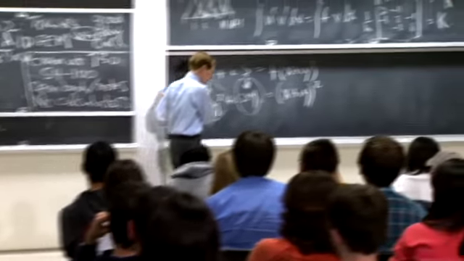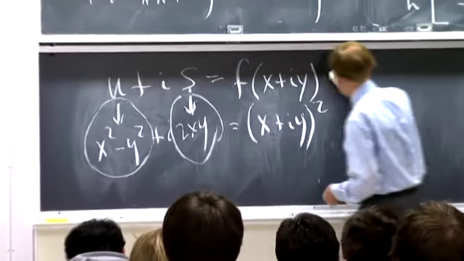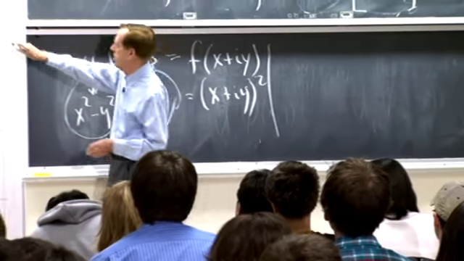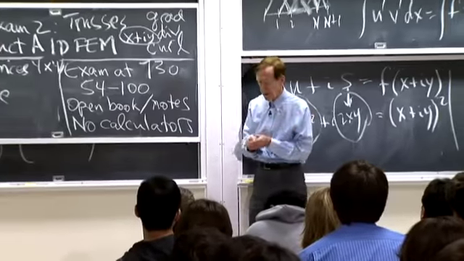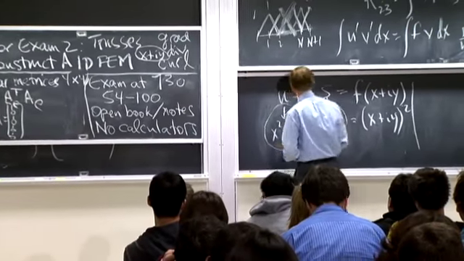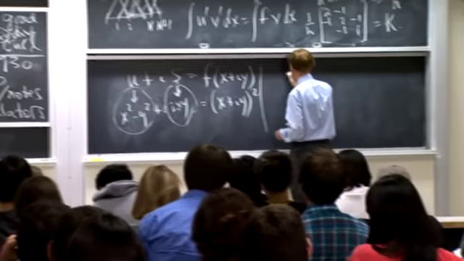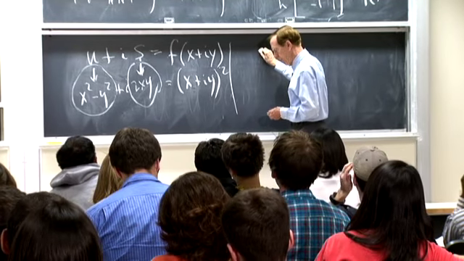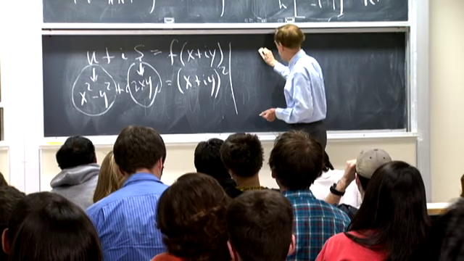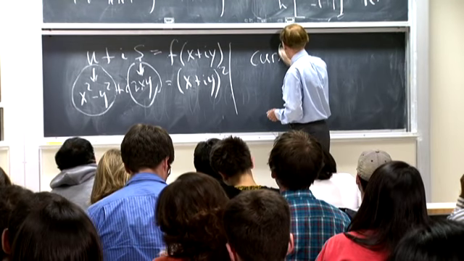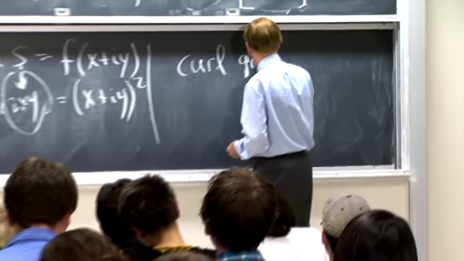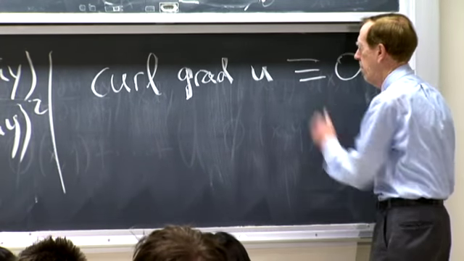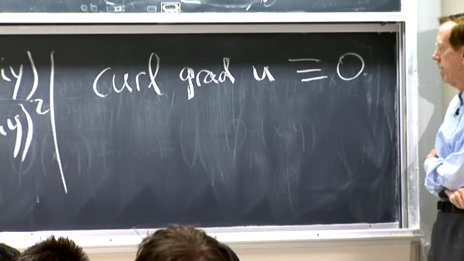Let me write down what the great connections are between these, because I can't let the whole semester go without writing that down. What is it? Is it the curl of a gradient? The curl of any gradient of u is always 0, whatever u is.